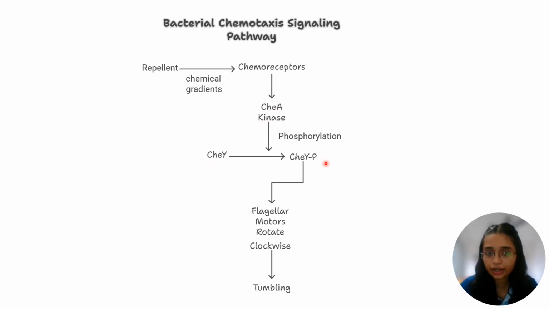Now this CheY, which is phosphorylated, goes and binds with the flagellar motor, and it causes rotation of flagella in clockwise direction, because of which the movement called tumbling starts, and the bacteria change direction and get away from the harmful chemicals.